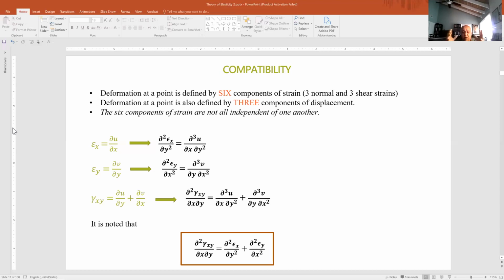There are 6 components of the strain that are defined from three components of displacement.